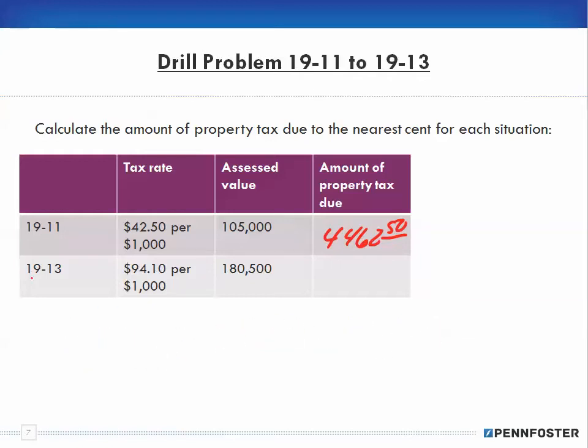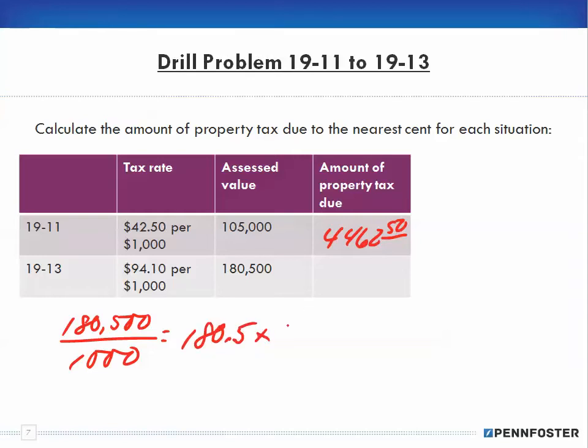And the 13 is basically identical. Taking the 180,500 and dividing it by 1,000 gives us 180.5.